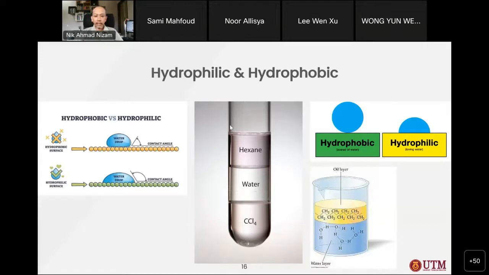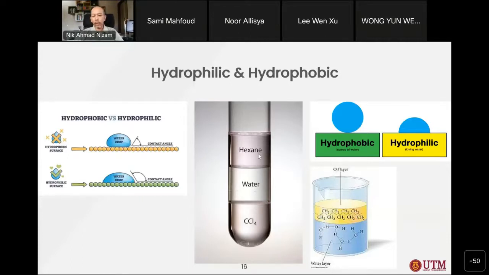So you can see the picture here. Here is water, and there is a separation between water, hexane and also CCl4. CCl4 is carbon tetrachloride, and it is non-polar. Water is polar.